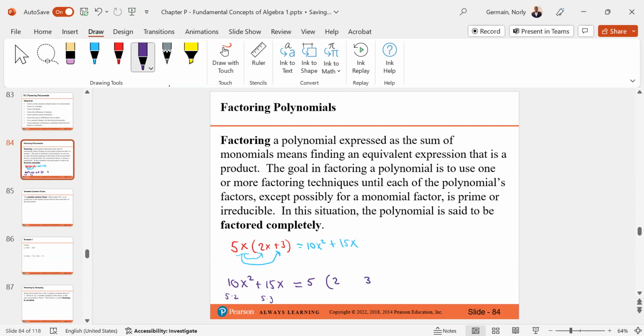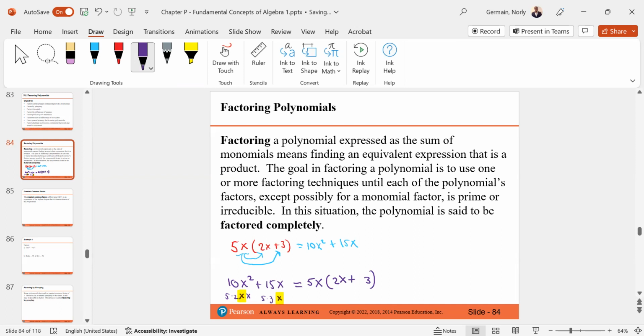Now let's go with the variables. We have x squared and x, so we have two x's in the first term and only one x in the second, because there is only one x common to both. Then we put that x outside of the parentheses also. What we have left is an x for the first term and no x for the second term, and we keep the sign in the middle.